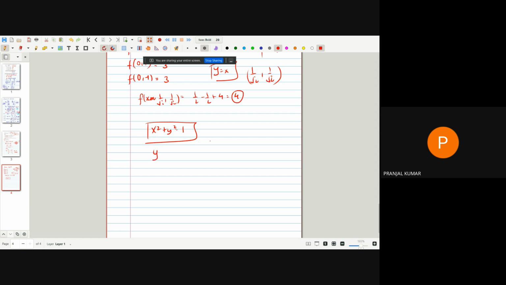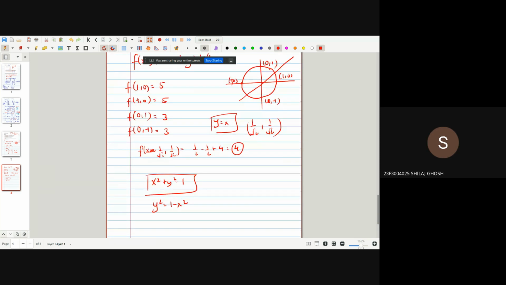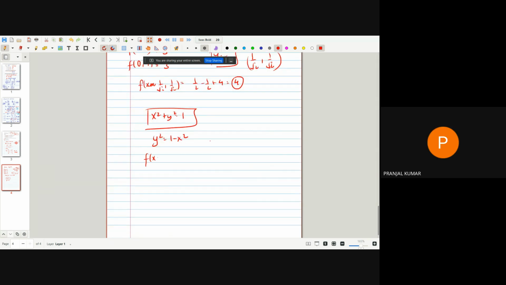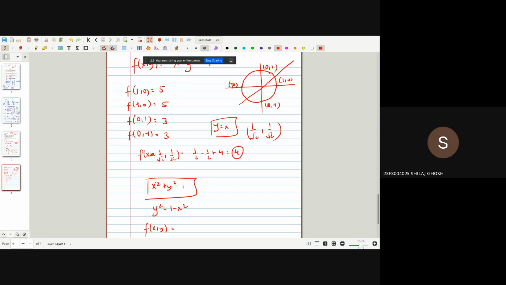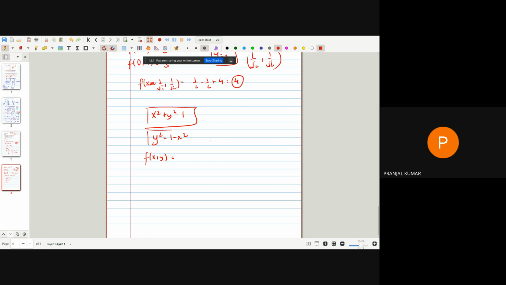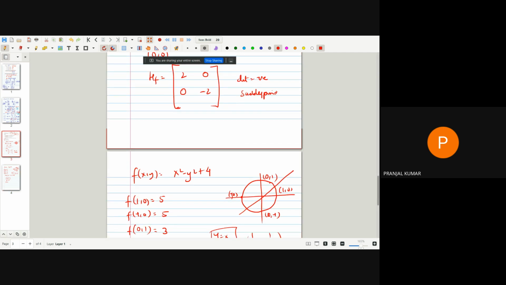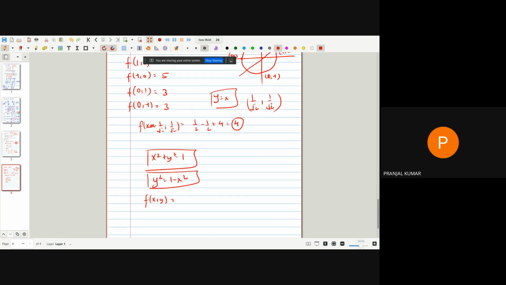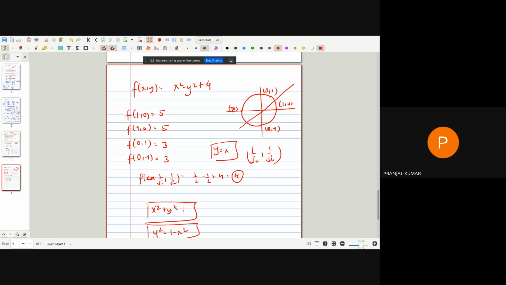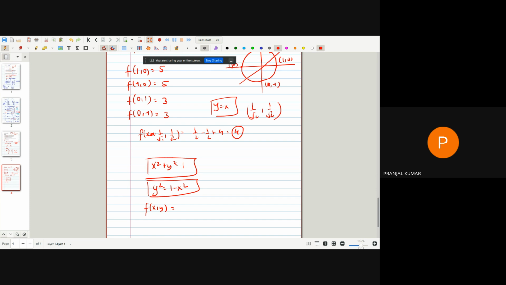So y square is equal to 1 minus x square. Then f(x, y)... sorry, just wait one minute. Let me think. We substitute this curve, 1 minus x square, that will give you 5. So it would be a constant.